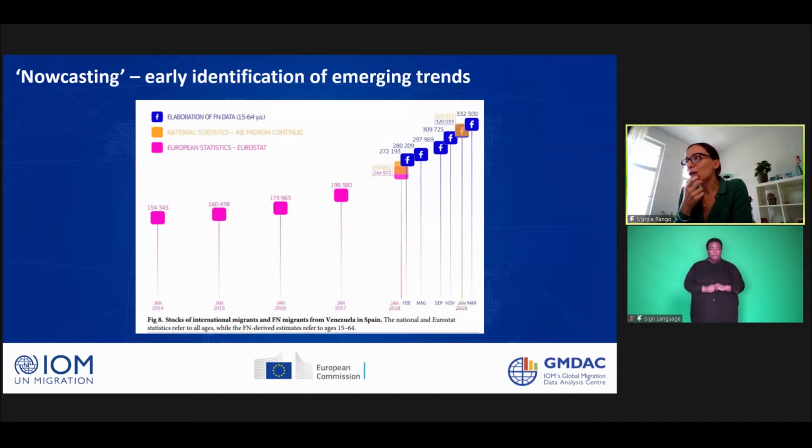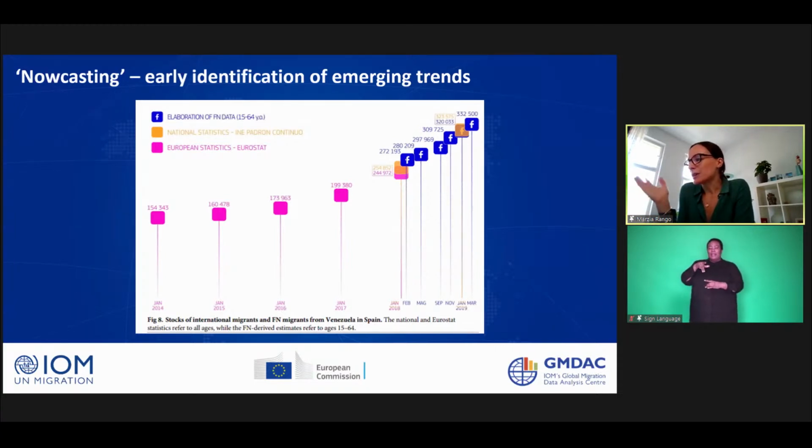And the potential of using these data sources is that in certain countries, what we've noticed is that we have a pretty good estimate or a pretty good early indication of trends that are already happening, but that we cannot really see and identify in traditional statistics because these are not yet available.